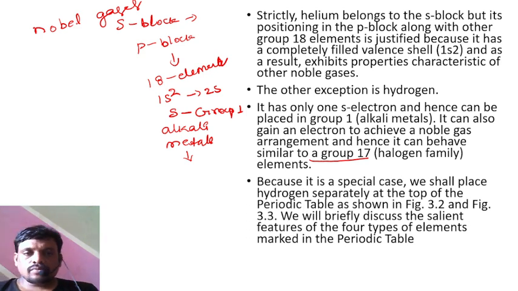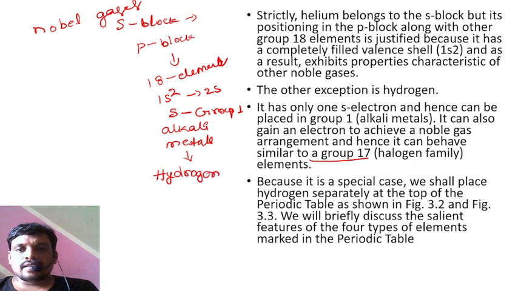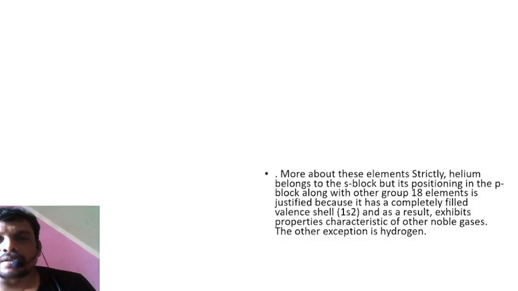Because it is a special case, we shall place hydrogen separately at the top of the periodic table, and we will briefly discuss the salient features of the 4 types of elements marked in the periodic table.